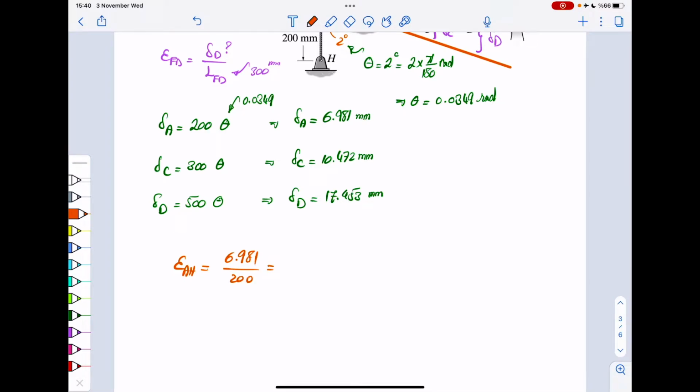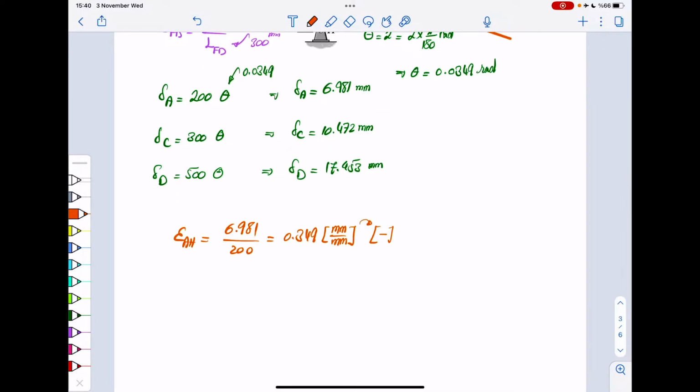That's 0.0349. The dimension is millimeter over millimeter, so it's dimensionless, which is not a surprise. Strain is a dimensionless parameter.